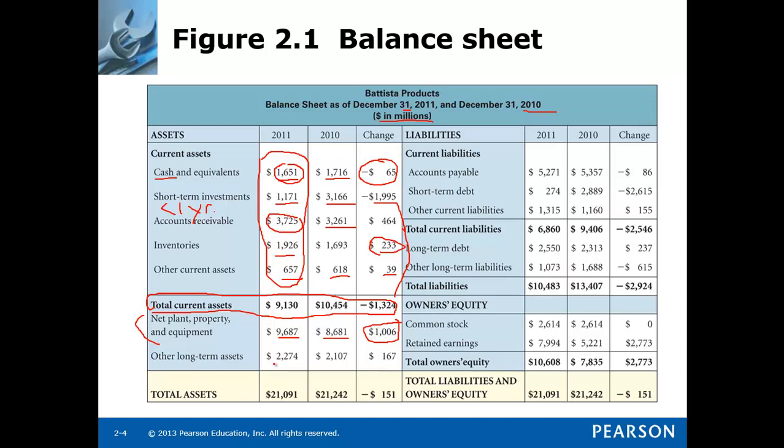And then their other long-term assets increased by 167. Total assets is going to be a sum of total current assets and these line items that follow below it.